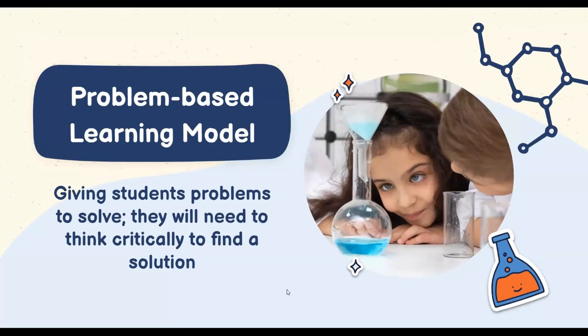Think about solutions for a certain problem. And in this way, we are helping the students to think creatively and critically to find a solution to the problem. We'll try out one experiment or one activity.